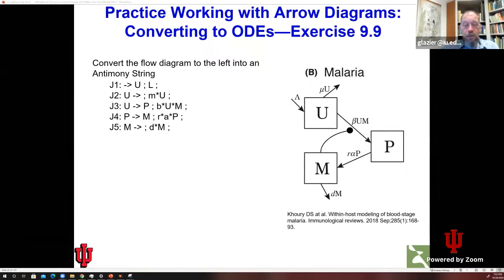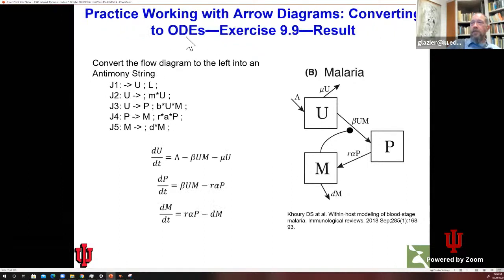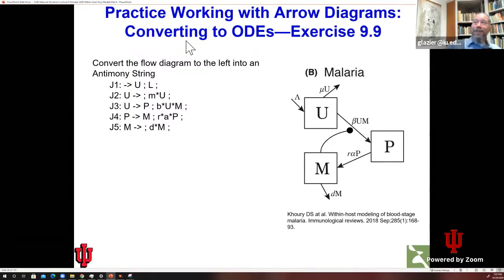And I apologize if there's a typo on the slide. Well, that's the answer. So you've seen it. If you have photographic memory, you know what it is. So this should have been.